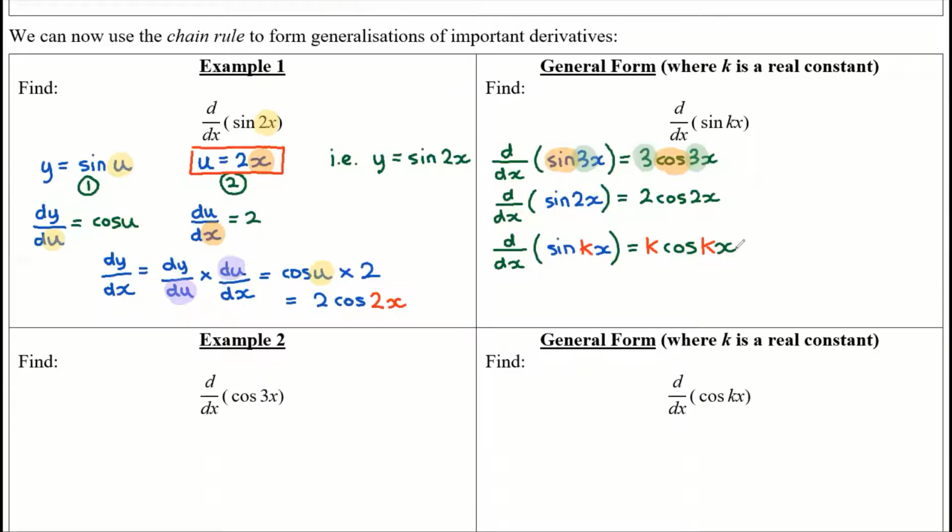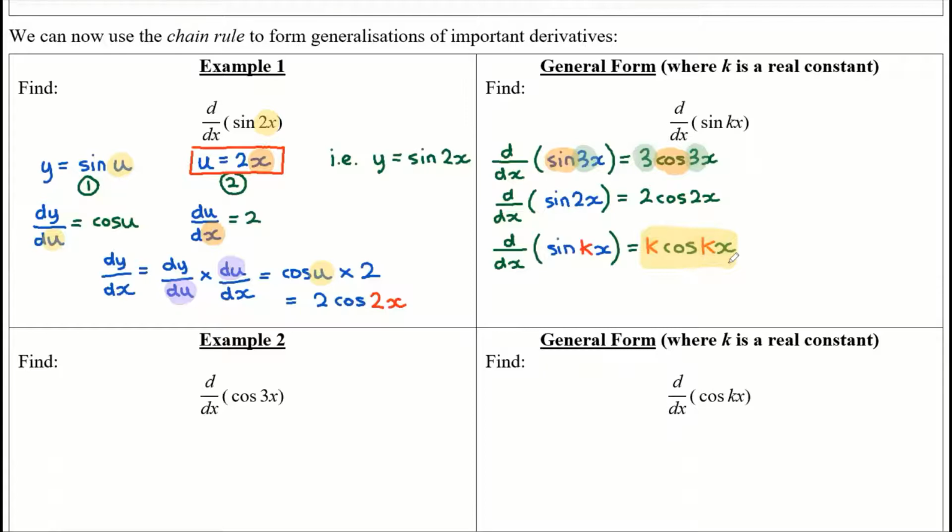That's my hypothesis. But in mathematics, pattern spotting is important, but you have to be able to prove your result. So let's pause the video and have a go at proving this using the chain rule. Then I'll go through it in a second.